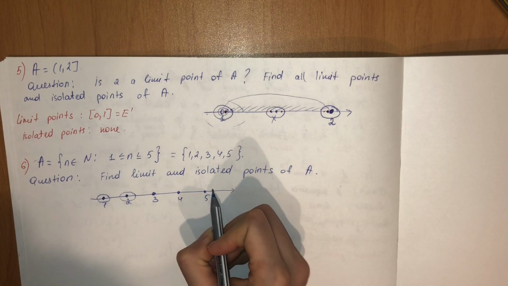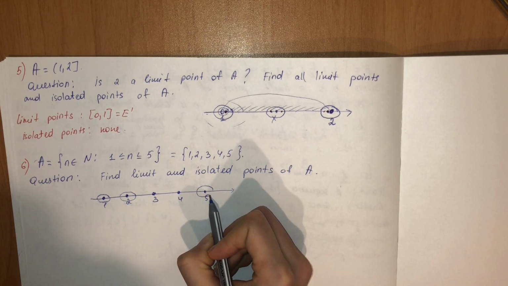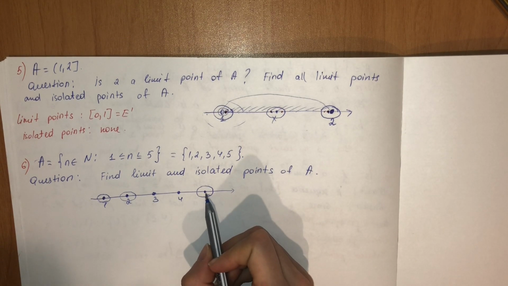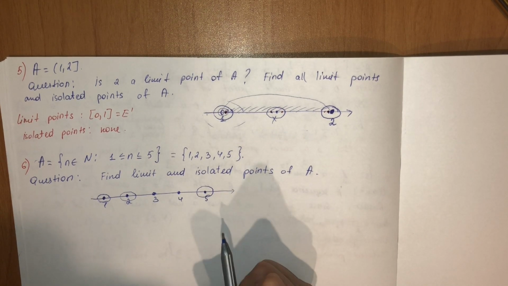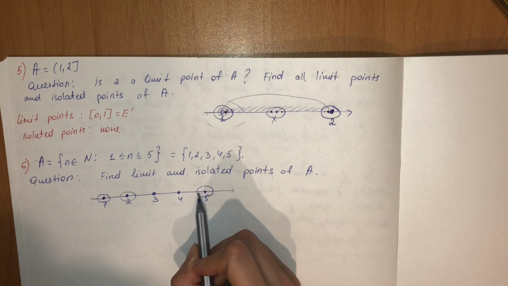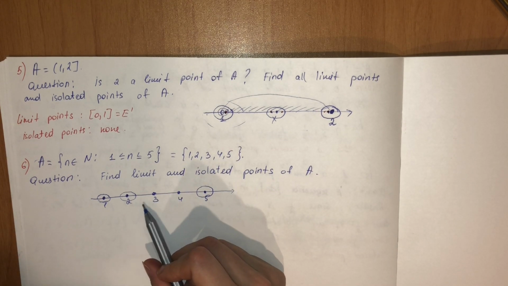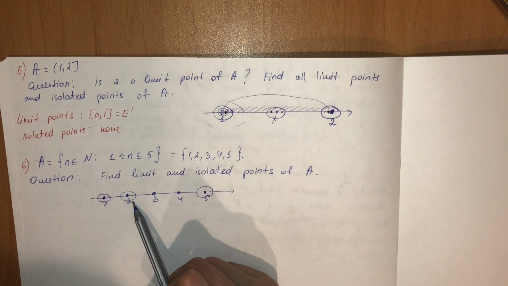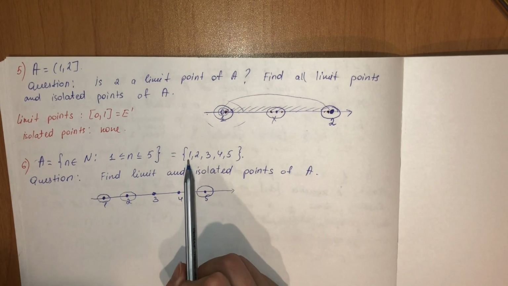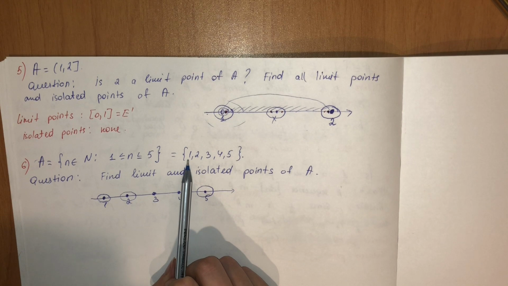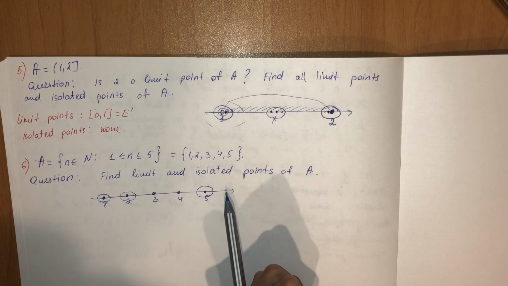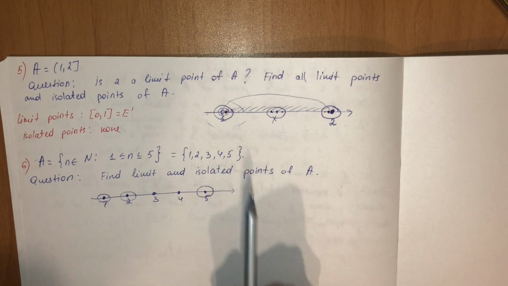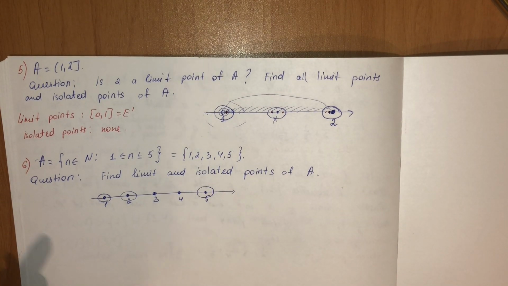Also if we draw a circle around 5, we can find a neighborhood of 5 that doesn't contain any element from this set. So this set doesn't have any limit point, and all of these elements are isolated points.